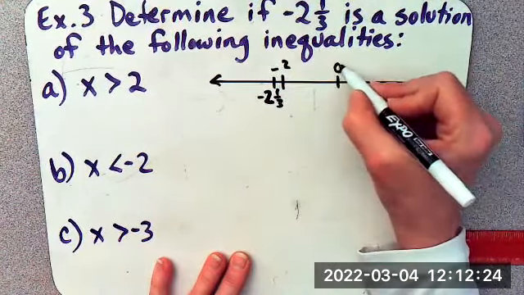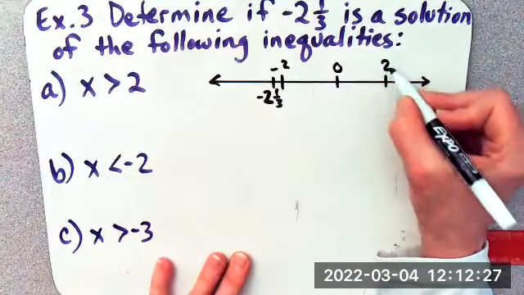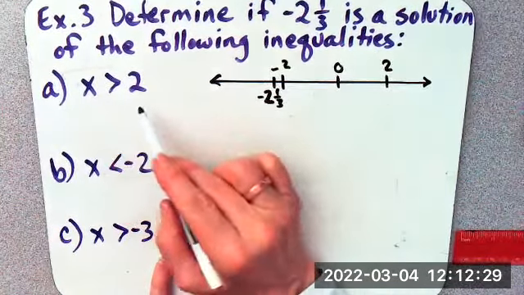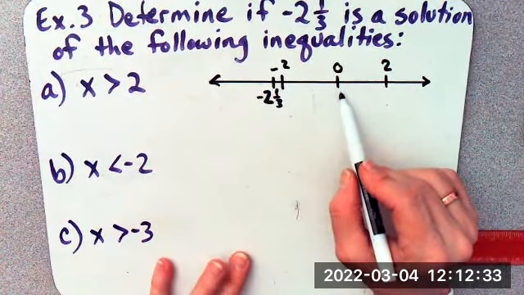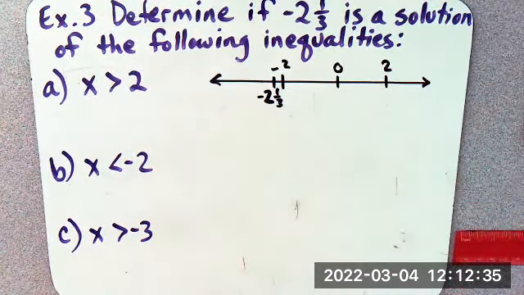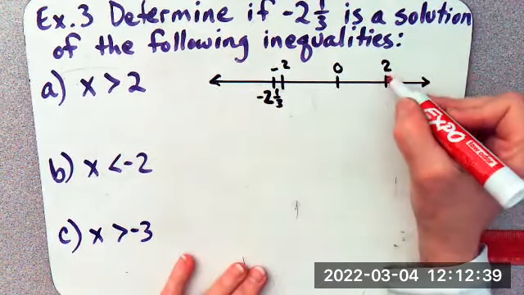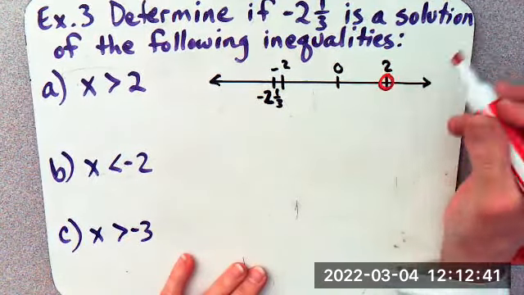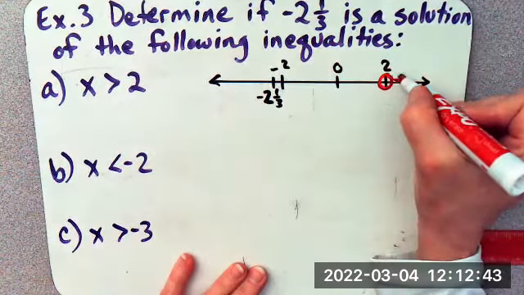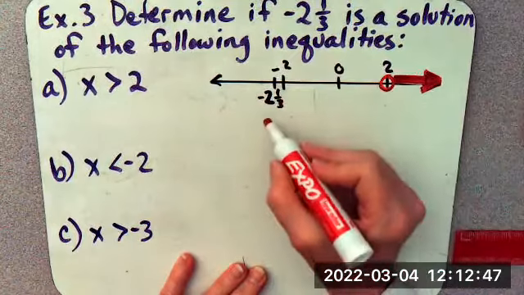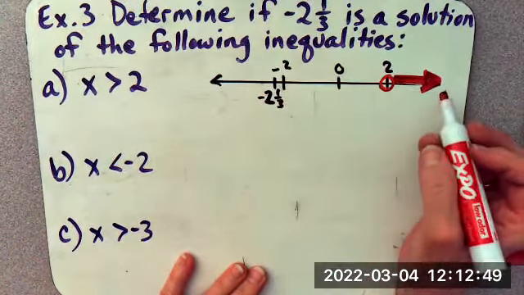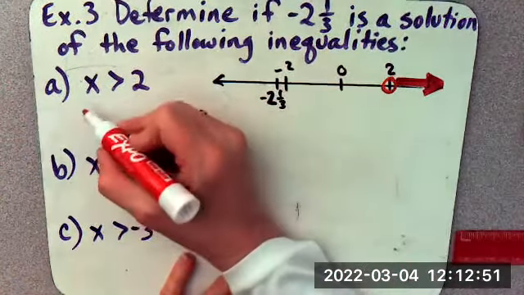And then we have 0 and we have 2. So this is x is greater than 2. So is 0 greater than 2? No, 0 is less than 2. So that means we're going to have an open point at 2 because it's not equal to 2. And we're going to shade this way. So is -2 1/3 a solution of this? Well, no, it is not.